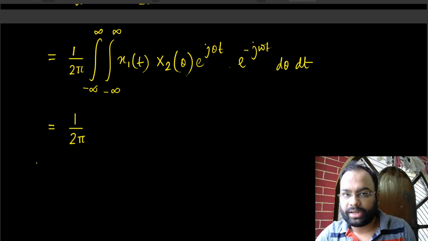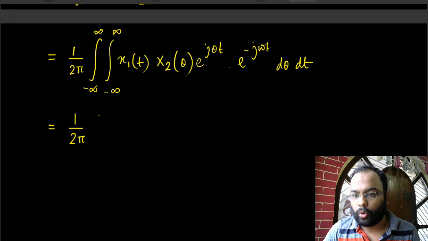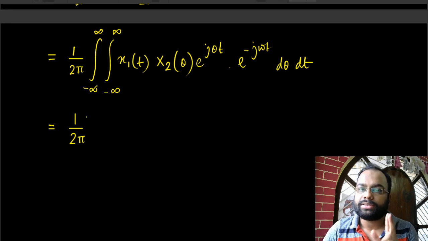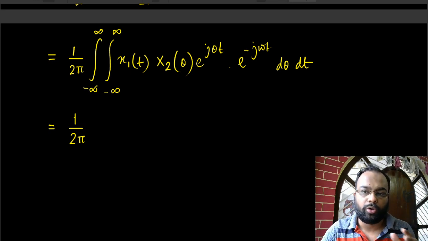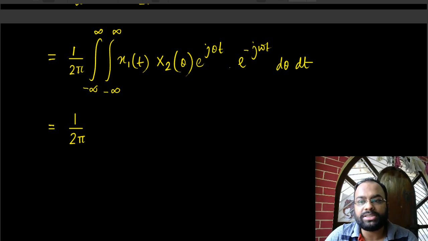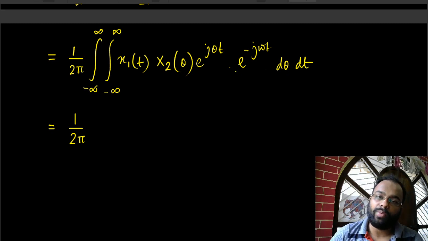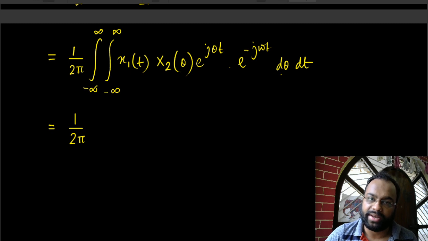Now try to understand that what we are doing here is called changing the order of the integration, right? In double integrations we often change the order of integration. We have to do the integration with respect to t, and also the integration with respect to theta.